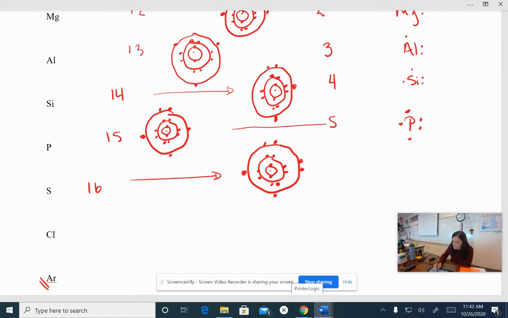So 2 plus 8 is 10, plus 6 more is 16. That will give us 1, 2, 3, 4, 5, 6 in our valence shell. So when we do sulfur's dot picture, we're going to show 6 electrons around sulfur. Okay, how'd you do on that?